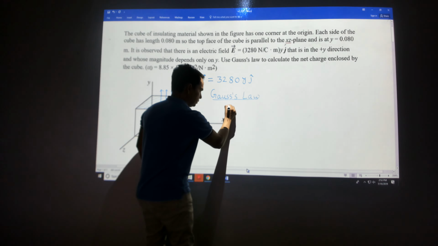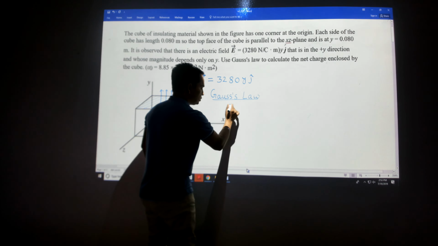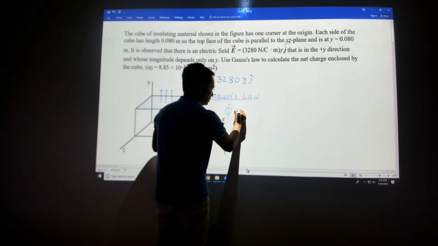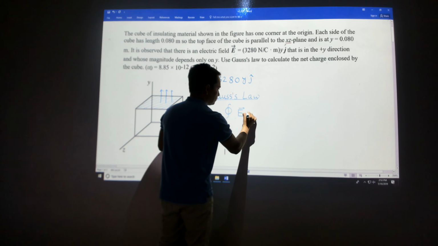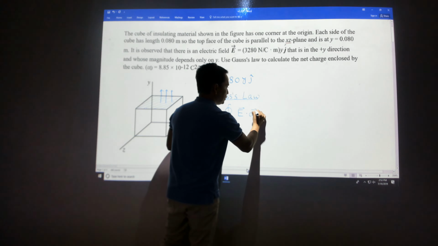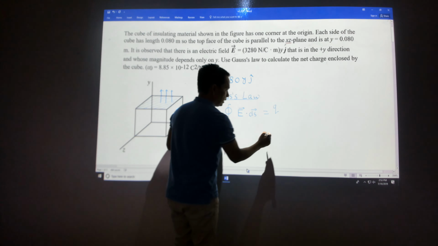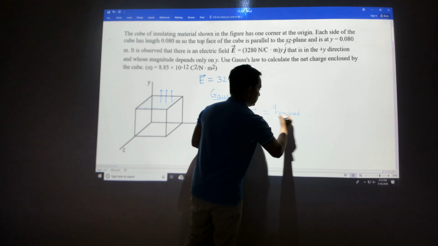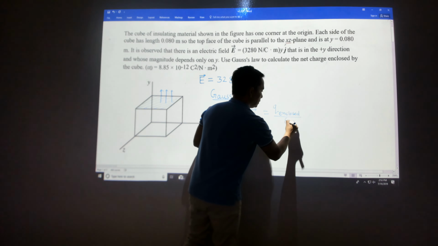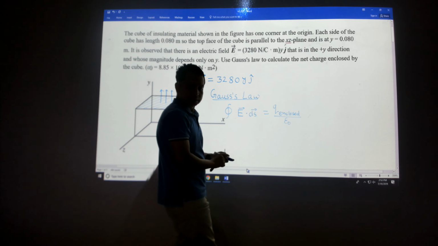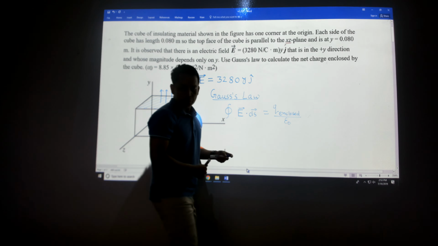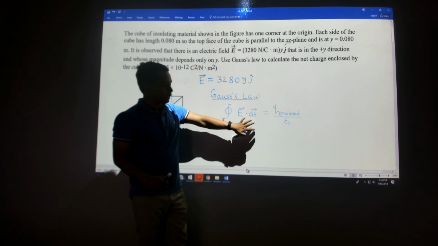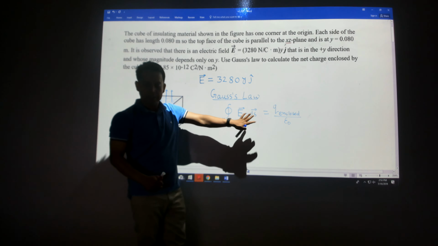This law tells you that for a closed surface, the total flux is given by Q enclosed divided by epsilon naught. We know this is a constant quantity. Alright, so what do we need to know now? We have to find this integral here.